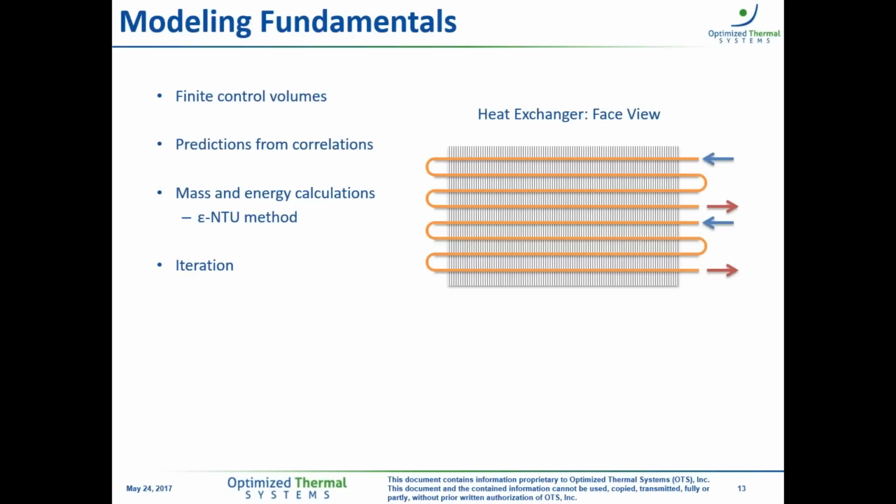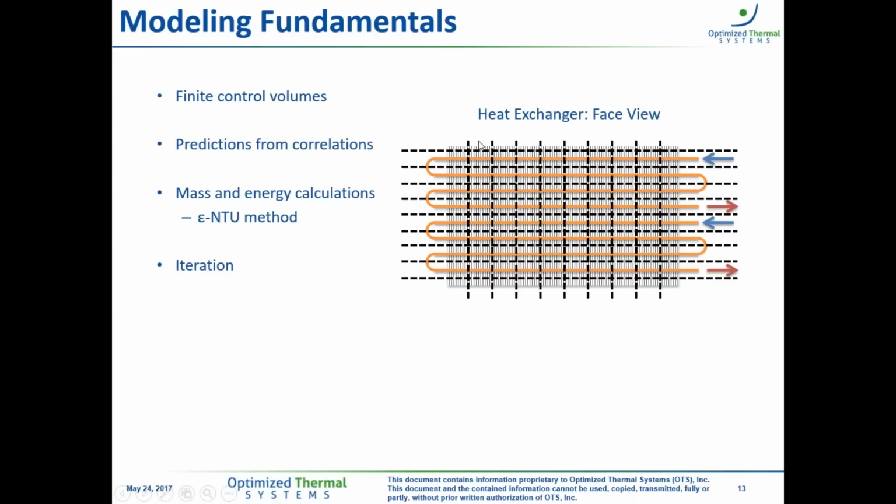So moving into the modeling aspect, I just want to cover very basic fundamentals of heat exchanger modeling here. Here on the right side, I have a simple visualization of a heat exchanger. When we want to model a heat exchanger like this, it's quite typical for simulation tools to break this type of heat exchanger up into a number of segments. So we may take this entire bulk heat exchanger and apply a grid to it, breaking it into a number of small segments.